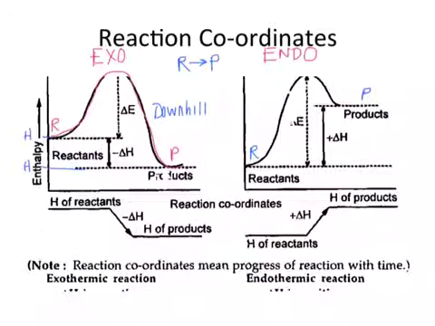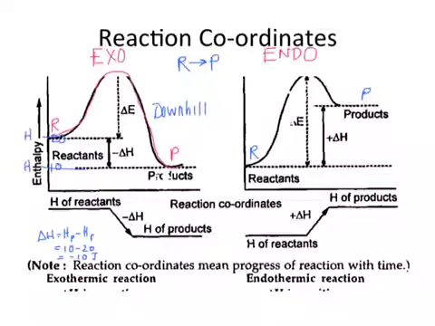If I was to do a calculation of delta H, where I take the enthalpy of my products and subtract the enthalpy of my reactants, and I made up some numbers, let's say this was at 10 and this was at 20 joules of energy, then subtracting my product energy minus my reactant energy, I would get a negative delta H value. Remember from the last slide that a negative delta H signals an exothermic reaction.